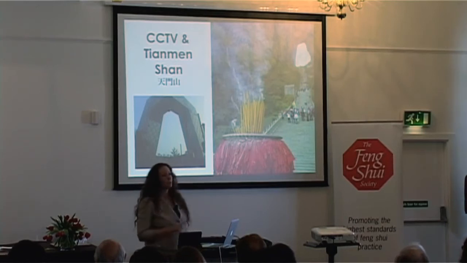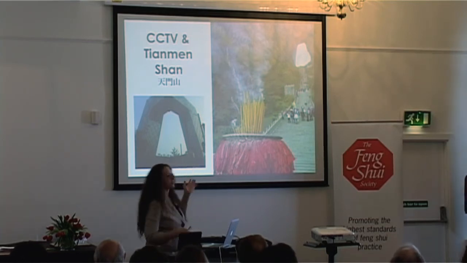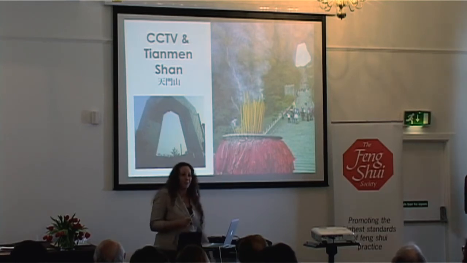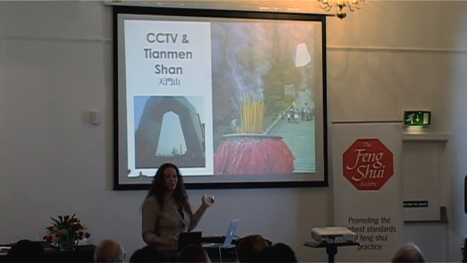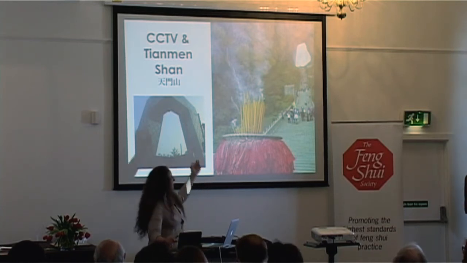Tianmenshan. In Feng Shui we use the word Tian a lot. Tian is heaven, Di is earth. We use those two expressions a lot. So Heavenly Gate Mountain is like the gate that leads to heaven. I saw some correlation there between that hole. Rather than looking at the actual building, I saw that the hole that the building creates is the same as the hole created here.